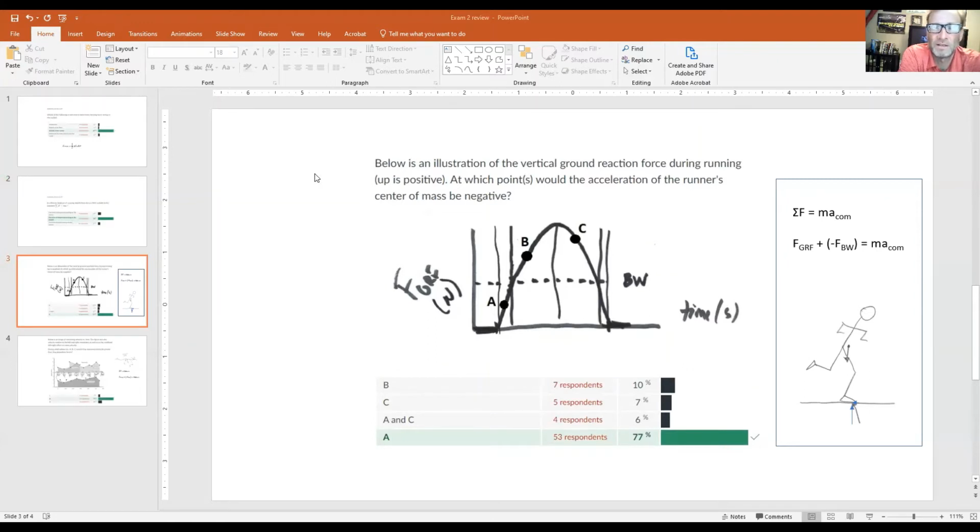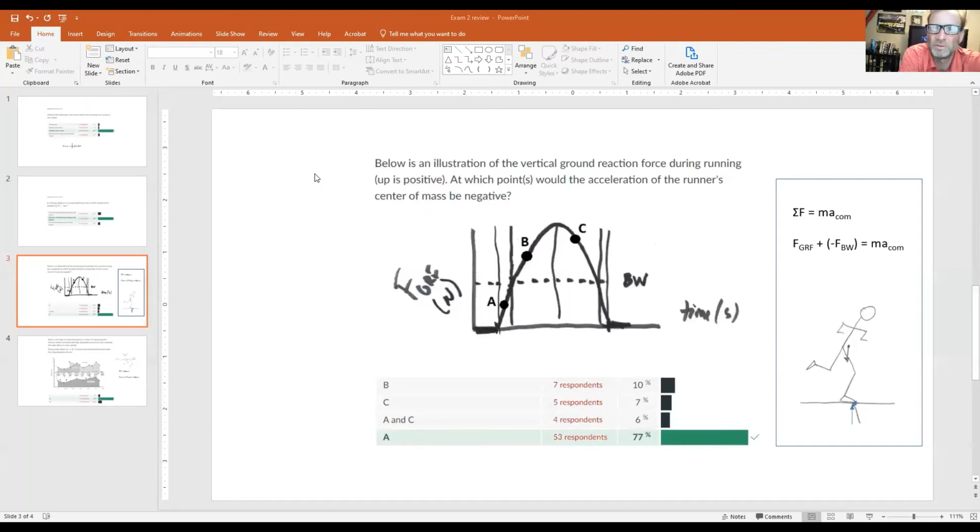This was not part of the question. We have sum of forces equals MA. Sum of the forces acting on the object equals the product of mass of the object, measure of an object's inertia, resistance to change motion, times the acceleration of the center of mass. And we have two forces acting on the runner. And this is the kinetic analysis that we've gone over in class. So this is running on the level.